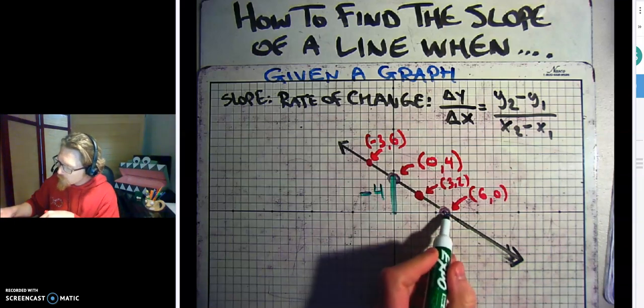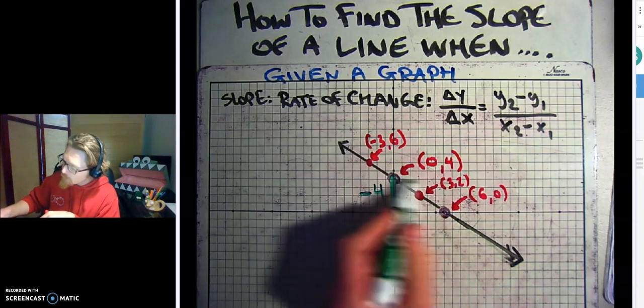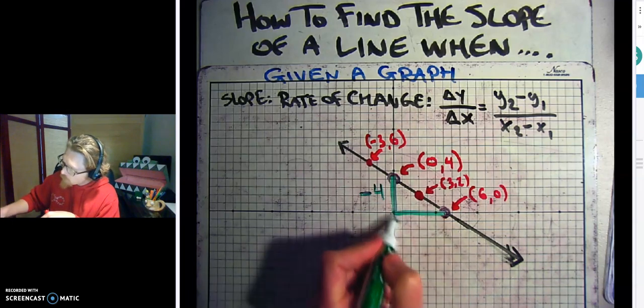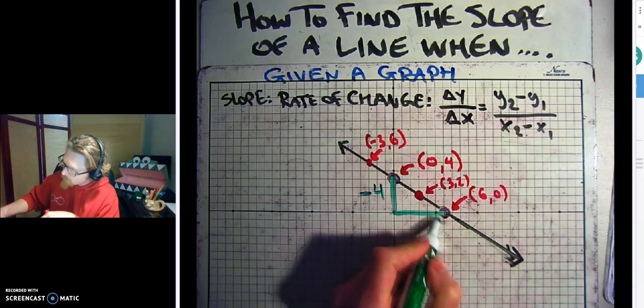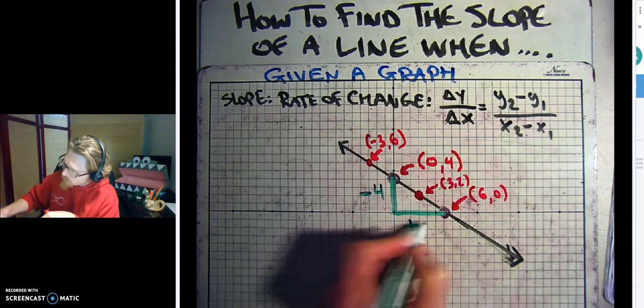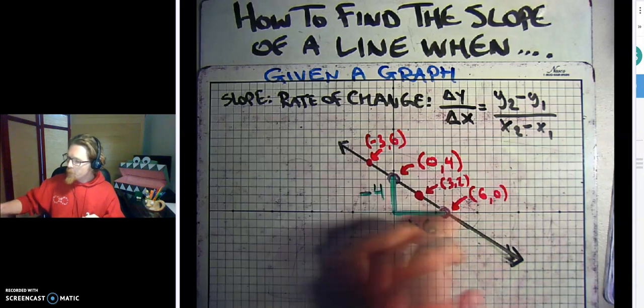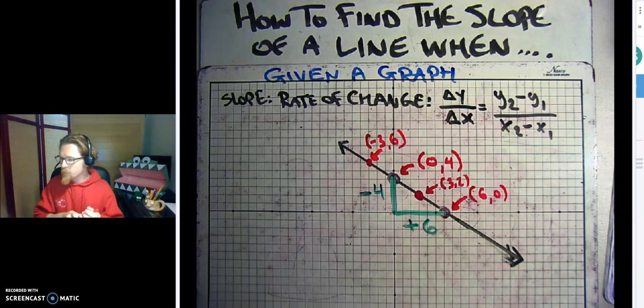To get to this point here, from here I have to go over to the right. And so I'm going to go over 1, 2, 3, 4, 5, 6. I have to go over to the right 6. And a right movement is a positive movement. So when I draw what I'll call a staircase, in a sense, of point to point, I notice I go down 4 and over 6.